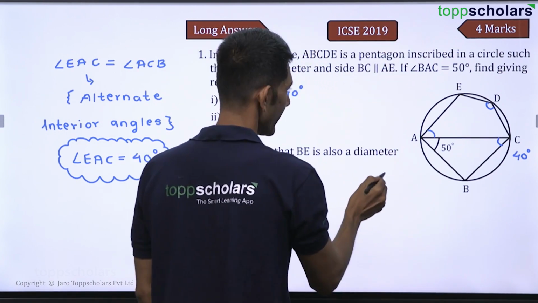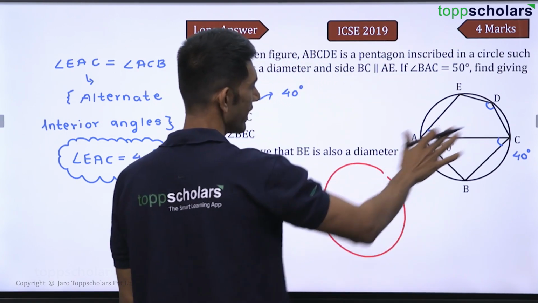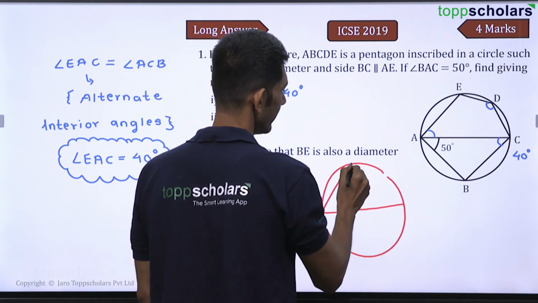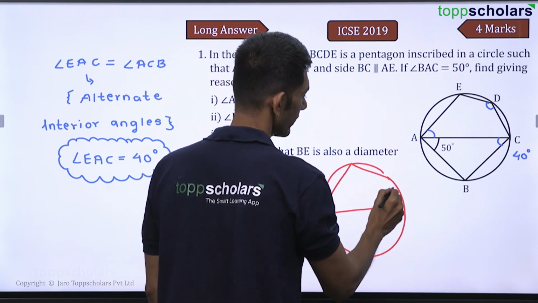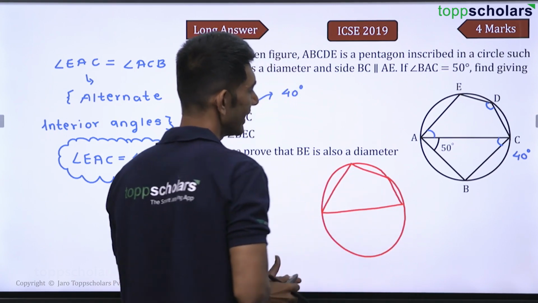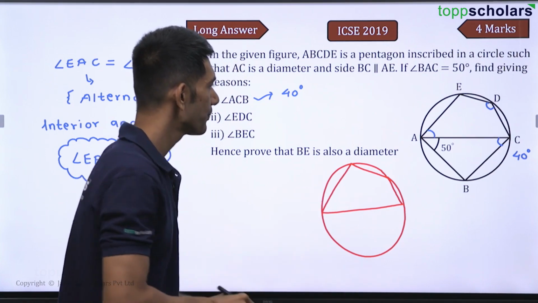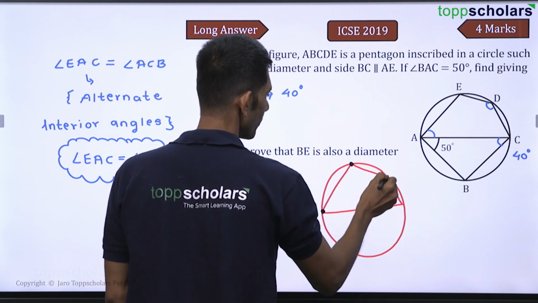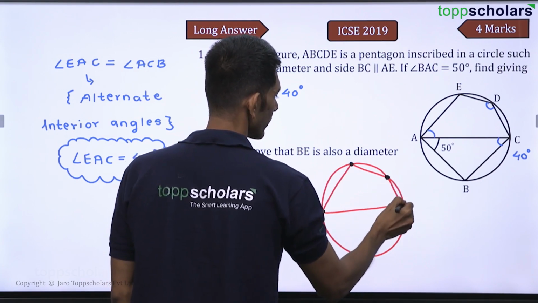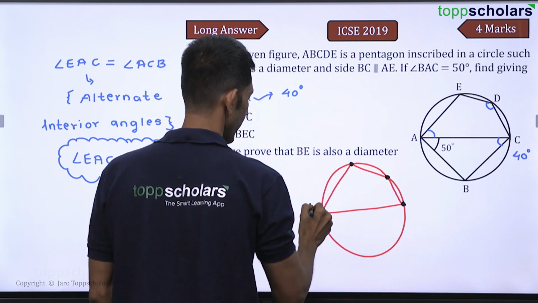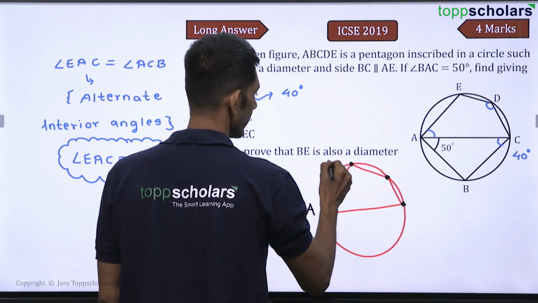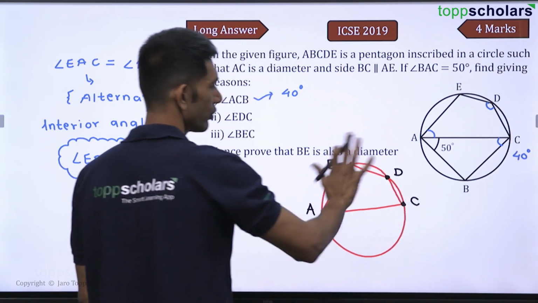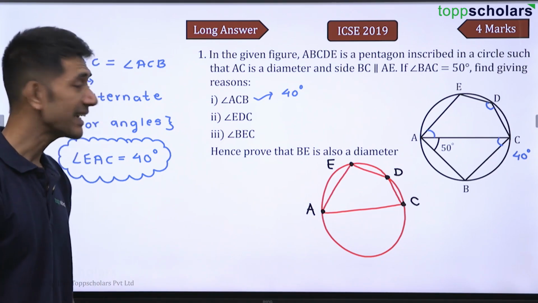Now understand. Now if I take a circle, the same circle, this only I have drawn here. I have AC, I have AE, then I have ED, and then I have this. So can I say I have a quadrilateral here? Because if you see the points, this is 1 point, this is 1 point, this is 1 point, this is 1 point. So this is A, here is E, here is D, and here is C. So can I say this is a quadrilateral and this is a cyclic quadrilateral?